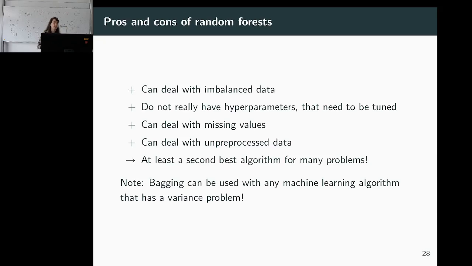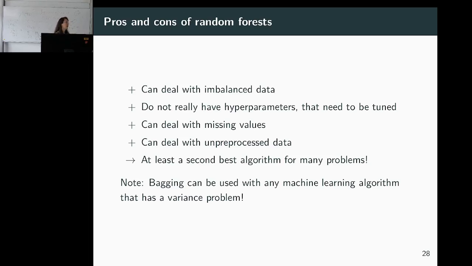unpreprocessed data. You remember yesterday and on Friday, we had classifiers or learners which rely on distance metrics. And for distances, we almost always need to preprocess the data. And here, we don't care about this. We can just drop our data on the decision tree, no matter if it's categorical. Some features can be categorical, some features can be numerical.